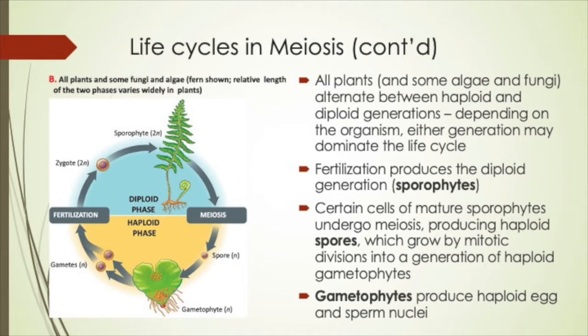Okay, all plants alternate between haploid and diploid generations, and some algae and fungi. Depending on the organism, either generation may be dominant in the life cycle. So, usually earlier plants, earlier in evolutionary life, the generation is actually gametophyte.